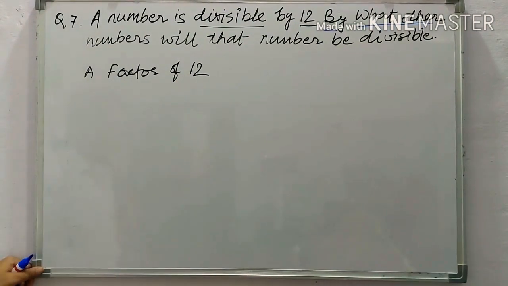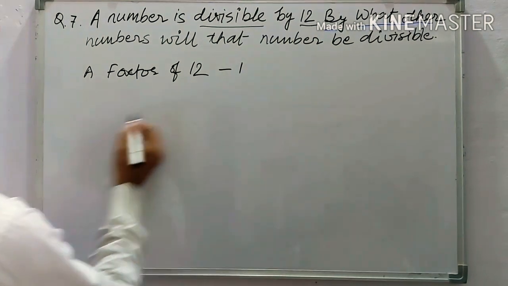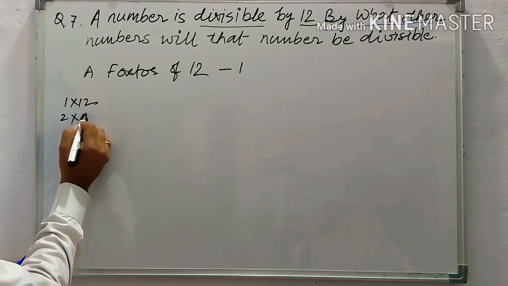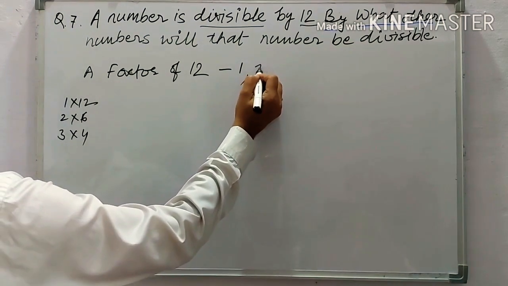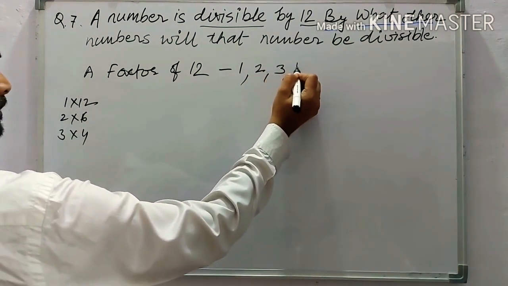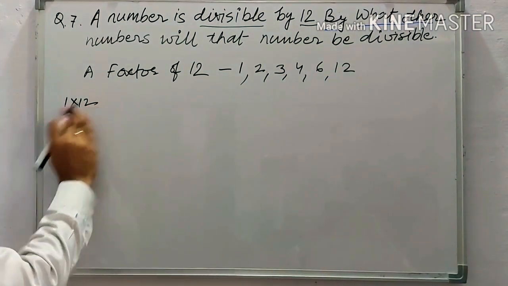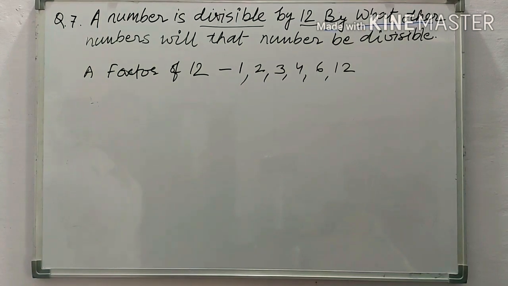The factors of 12 are 1 into 12, 2 into 6, 3 into 4. So the factors of 12 are 1, 2, 3, 4, 6 and 12.